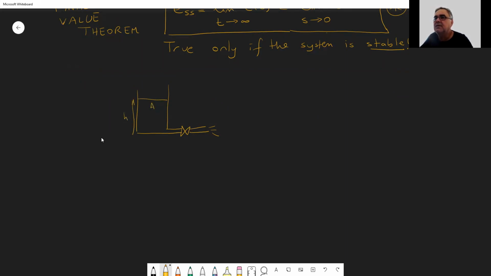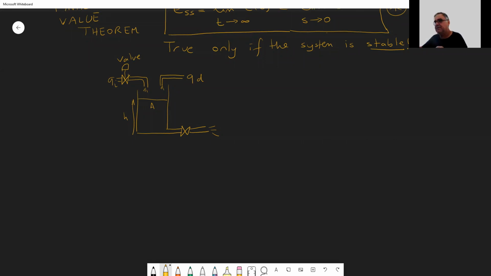It has an area A, and there is some flow coming in. And there might be a disturbance flow coming from a rain or something, QD, let's say. This is QI. And this height might be measured and controlled through a valve or something like this. Okay, so this is a valve, let's say.